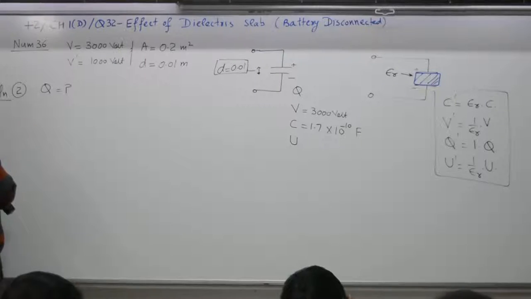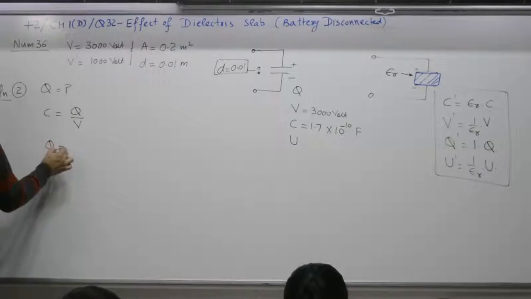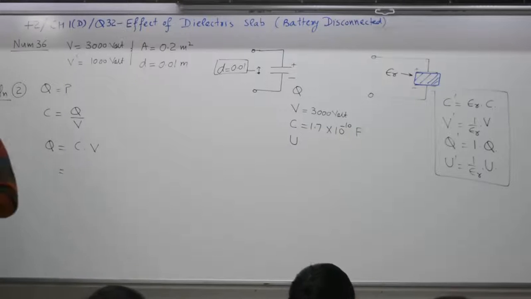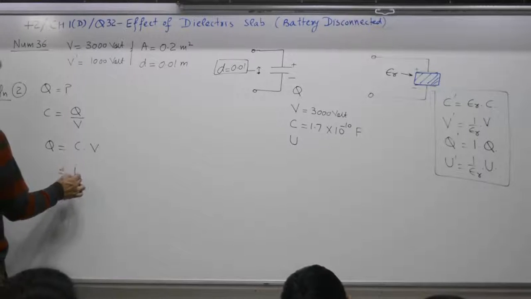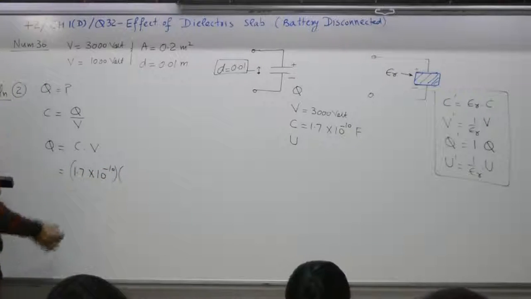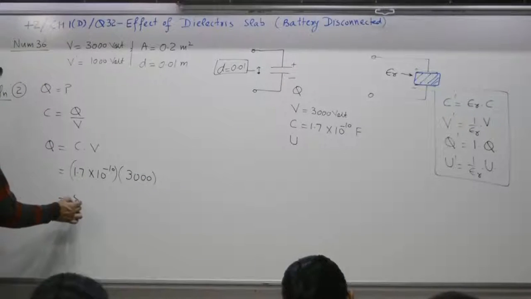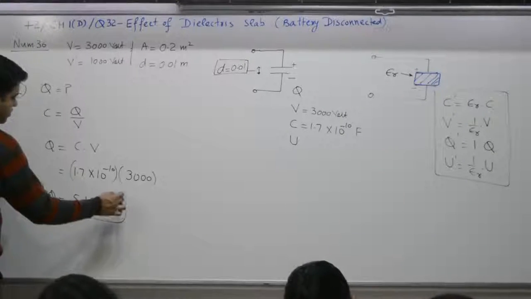C is equal to Q by V, so Q is equal to C into V. Put the value for C: 1.7 into 10 raised to power minus 10, voltage 3000. That gives 5.1 into 10 raised to power minus 7 coulomb.